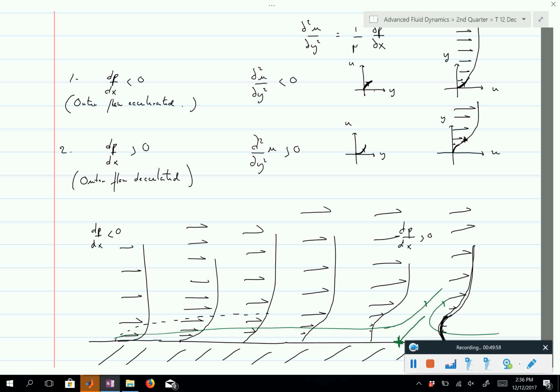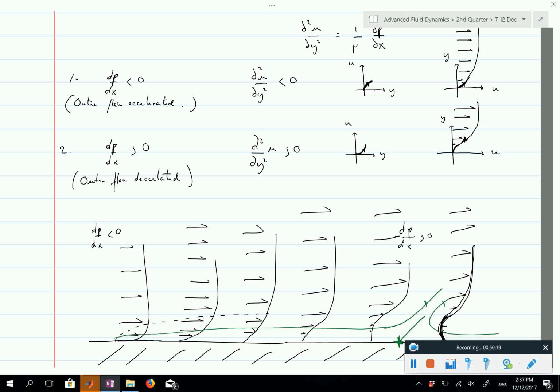Initially the pressure decreases at the leading edge, but then it increases again. They would focus on developing airfoils where the pressure increase would be very gradual, where the flow would not suddenly decelerate, because sudden deceleration usually leads to separation. Okay, so this is what they were trying to optimize for.